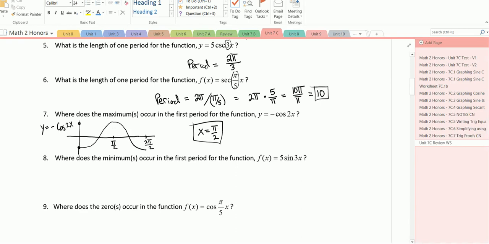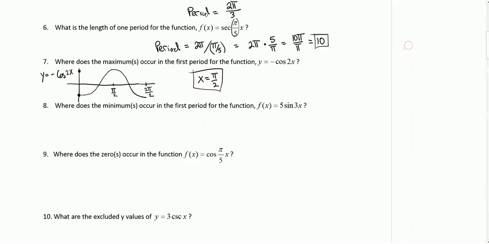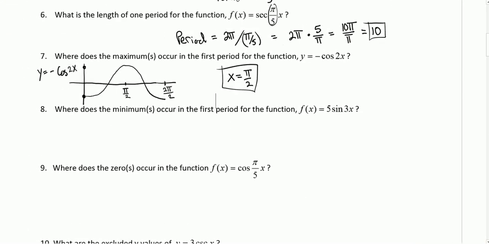Number 8, where does the minimum, or do the minimums, occur in the first period of this function? I'm going to draw a little sketch of the first period, starting at 0, 0.